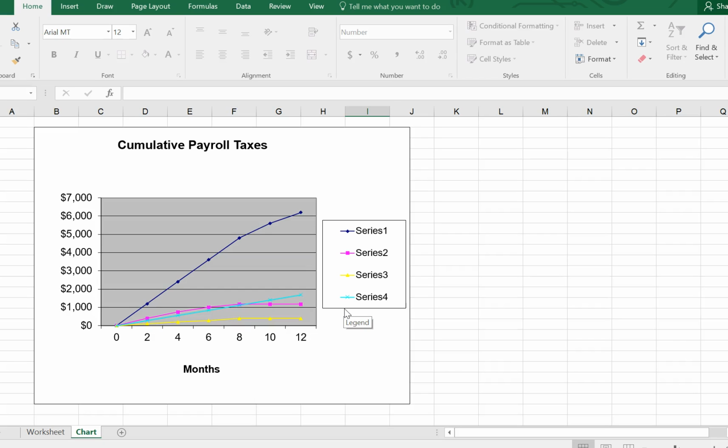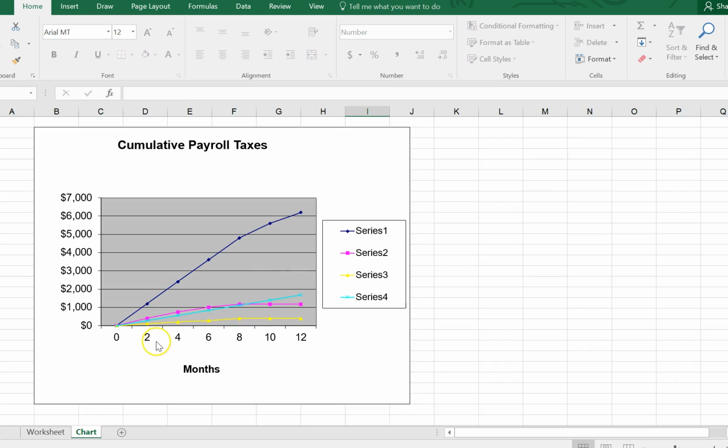The other 2 taxes that are paid by the employer only are for unemployment taxes, both federal unemployment, known as FUTA, and state unemployment, known as SUTA. The rates for all of these are given in your text. Based on how the line on the chart behaves, you will have to decide which is which.